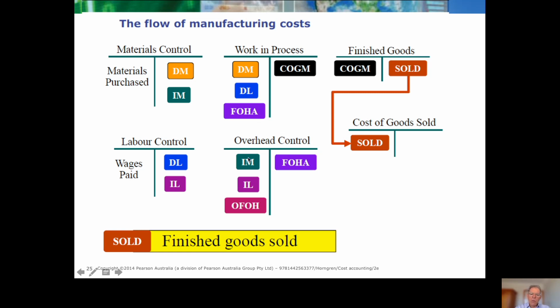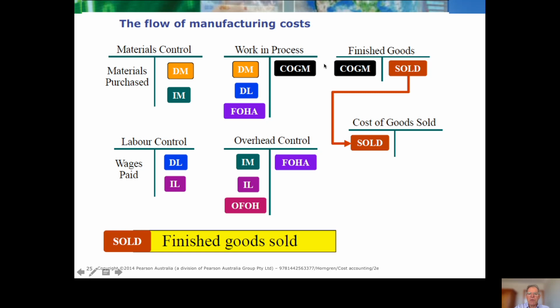But what if this came to 200,000 and we'd only applied 180,000? We really haven't charged enough. And the question you've got to ask yourself is, where did the mistake end up? Well, it first went to here, to work in process. And then perhaps some of it's left over if there was any balance of work in process stock on hand at the end.